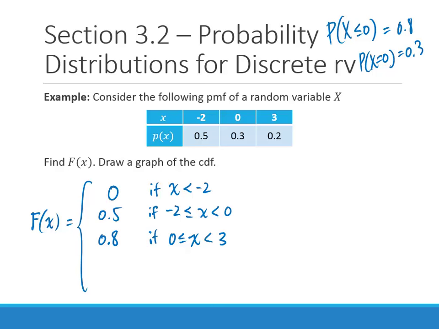Let's say x equals 1. What's capital F of 1? That equals the probability that x is less than or equal to 1, which includes those two numbers.